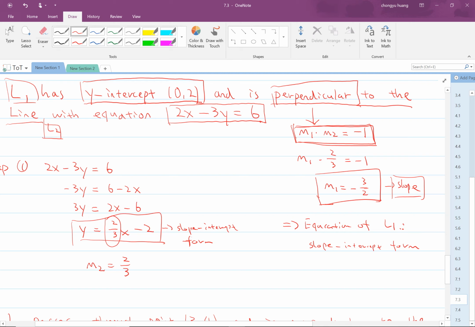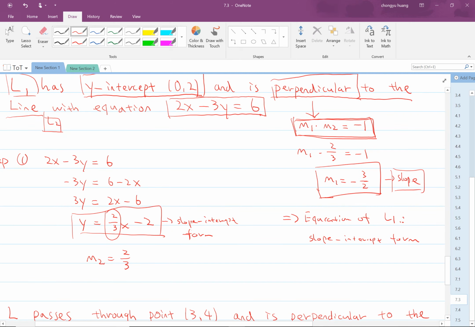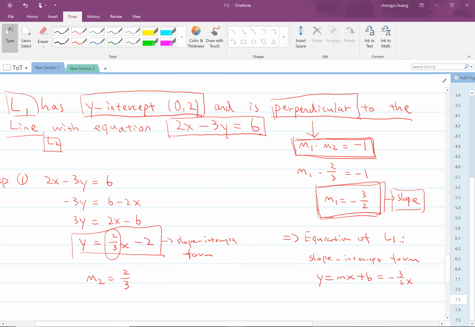The slope intercept form is y equal to mx plus b, and all you have to do is plug in. m over here is this, so it's negative 3 over 2x, and b is over here. b is 2, so you have plus 2.